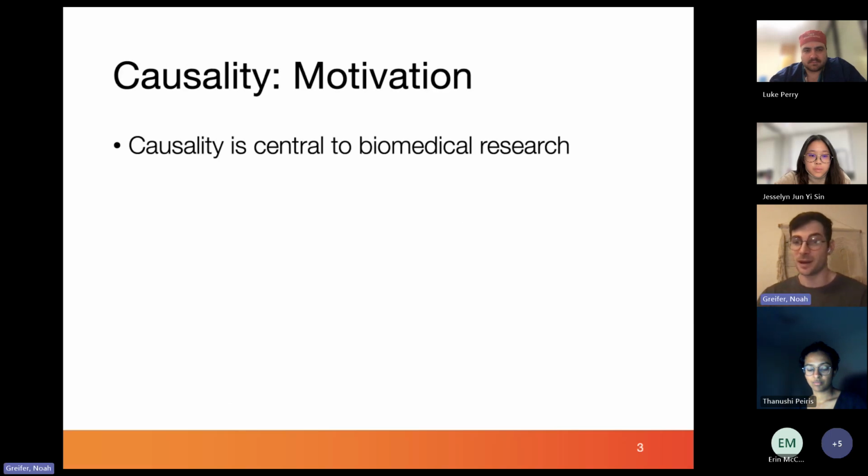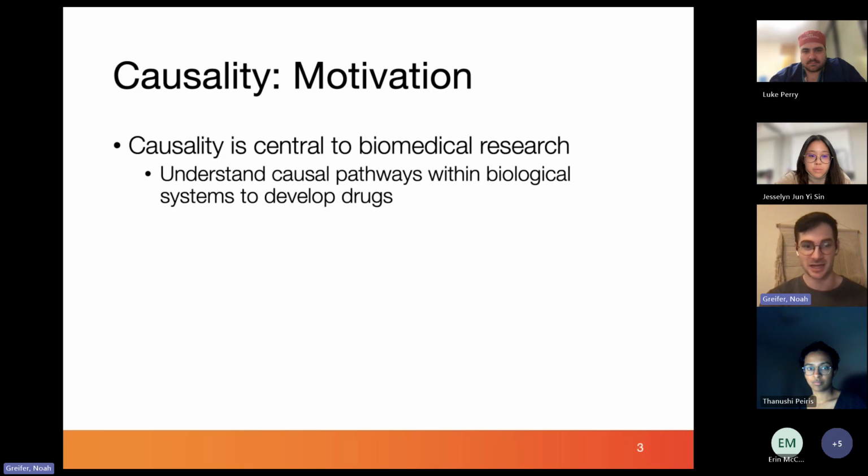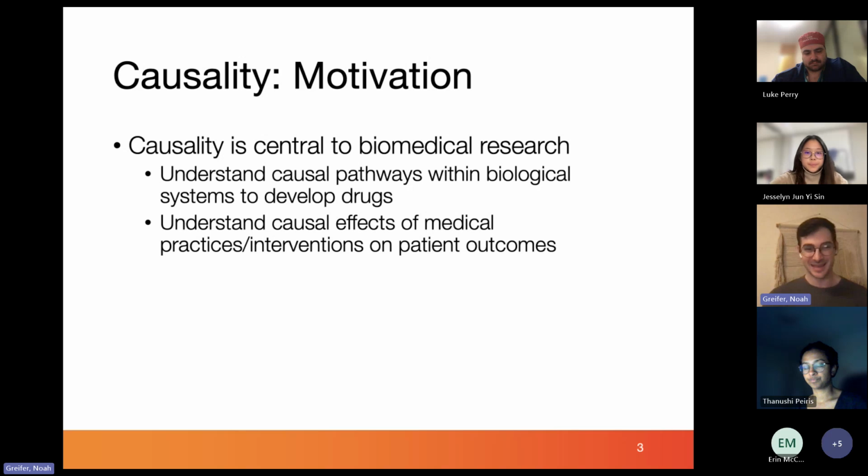Causality is central to biomedical research, and that's why we're talking about it today. It's critical for understanding causal pathways within biological systems, which we use to develop drugs. So, how molecules and our systems interact together to create responses in our bodies.